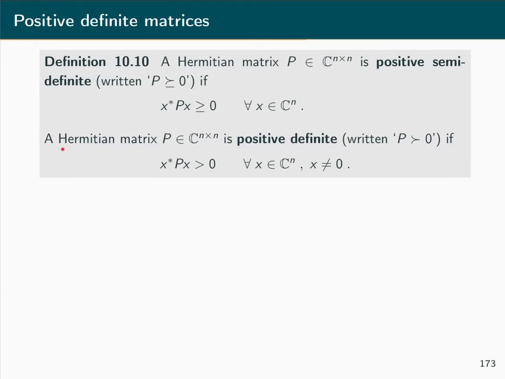And a Hermitian matrix P is called positive definite, denoted like this, if for any non-zero vector x, the expression x star Px is positive.